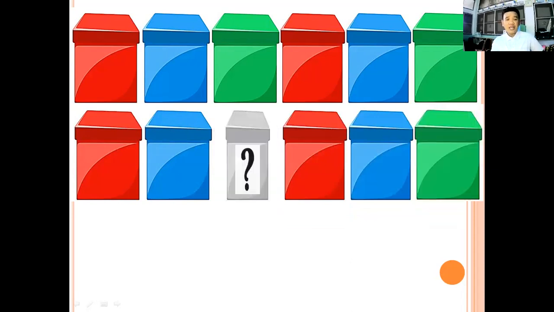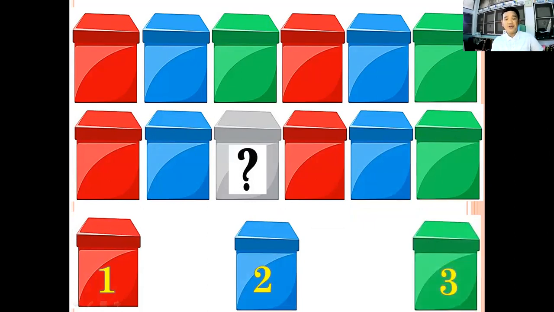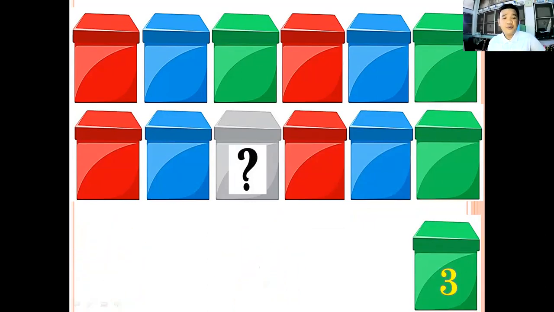We are trying to look for what color. Is it number one, red, number two, blue, or number three, green? Which of the following will be next after the blue? The correct answer is number three, green, because you are going to base it on your present event. All right? Very good. That's right.